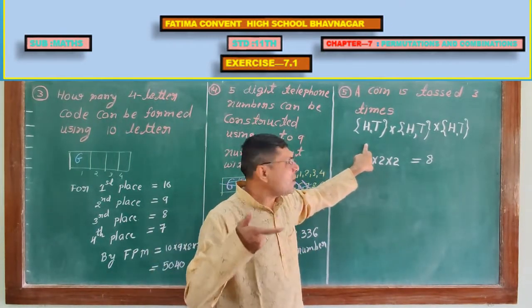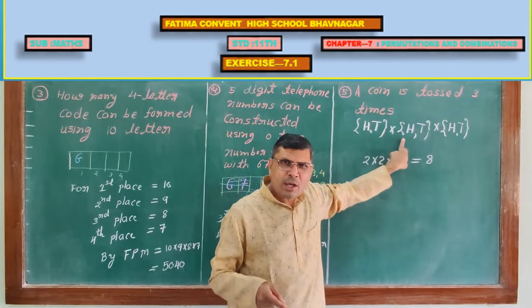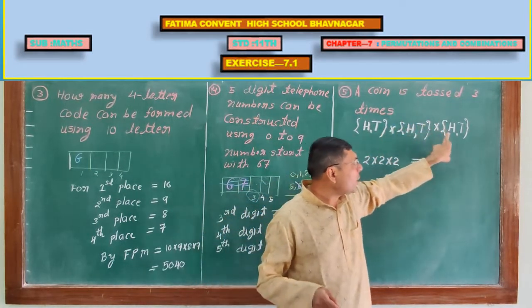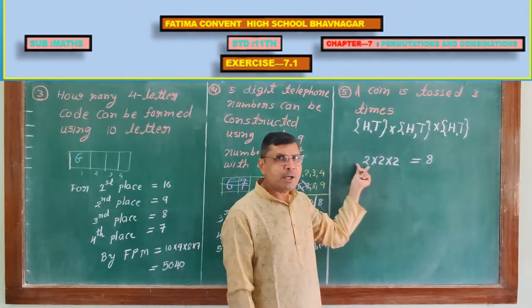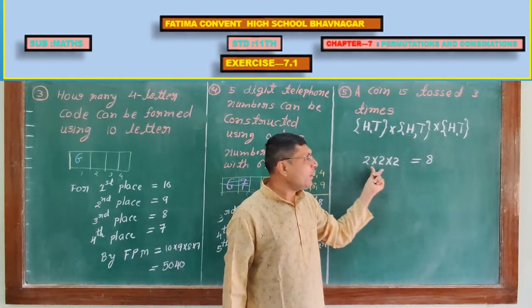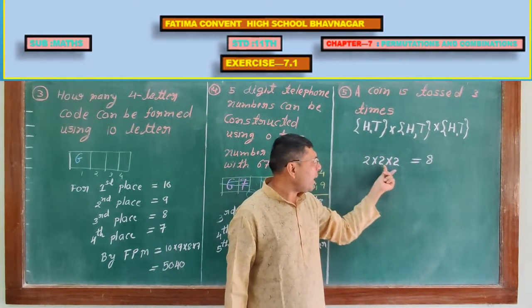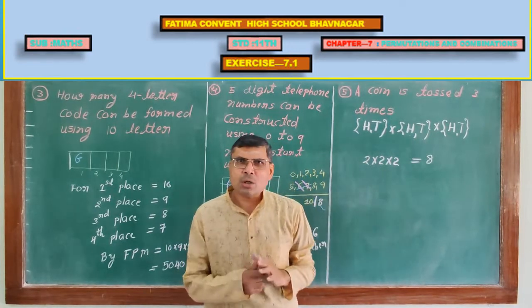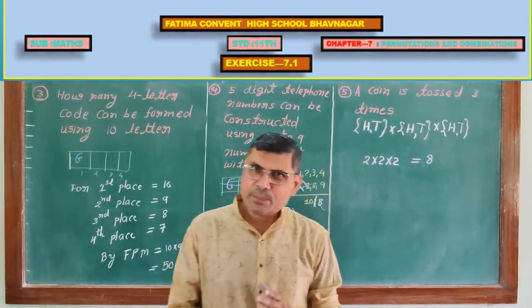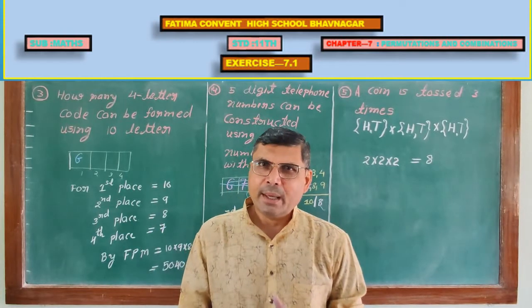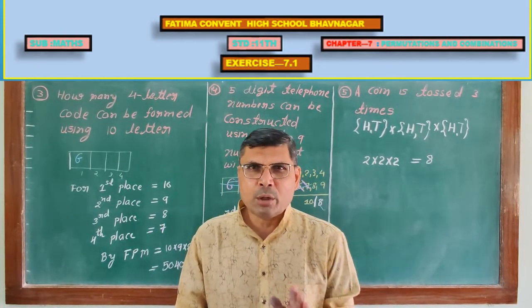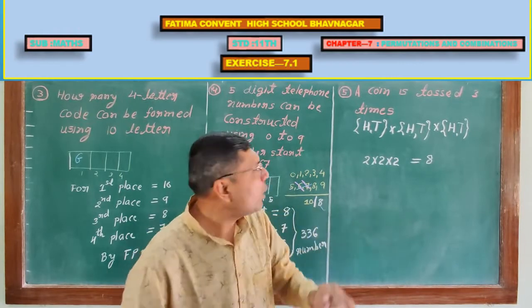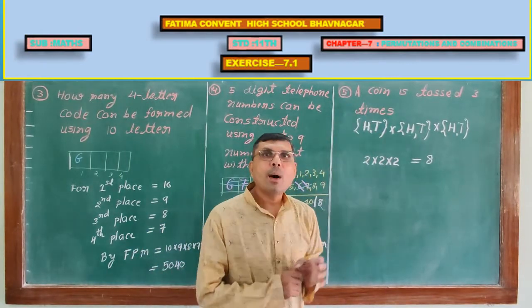H or T for the first case, second case also H or T, and for the third case also H or T. So here there are 2 possibilities, then 2 possibilities, then for the third one 2 possibilities. So the total outcome will be 8. This is just to give you information, not very important. Of course it is important from the point of view of probability.